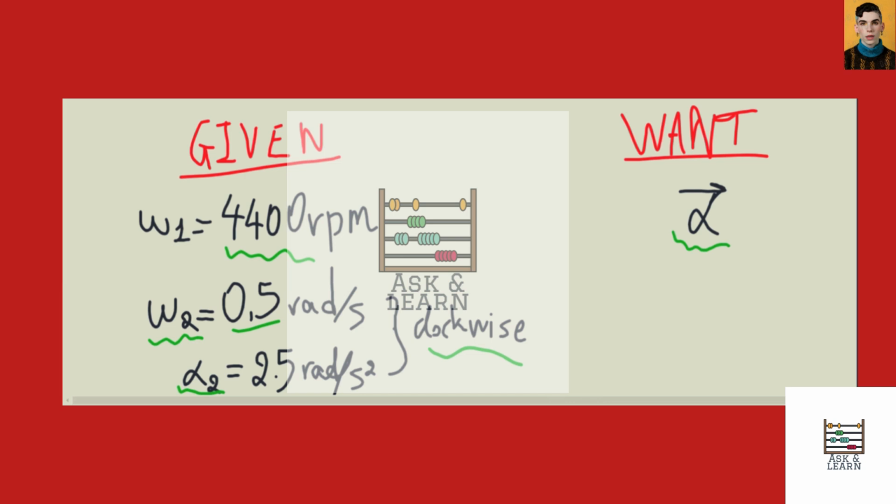Before we go on with the solution, let's write down some things a bit more clearly. So we need to convert RPM to radians per second. The way we do this is just multiplying by 2 pi and dividing by 60. This is because one rotation equals 2 pi angle, and we have to divide by 60 in order to convert to per second.